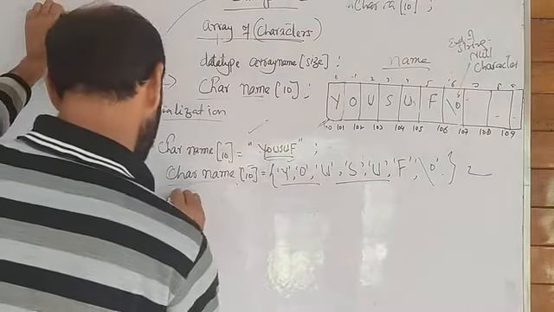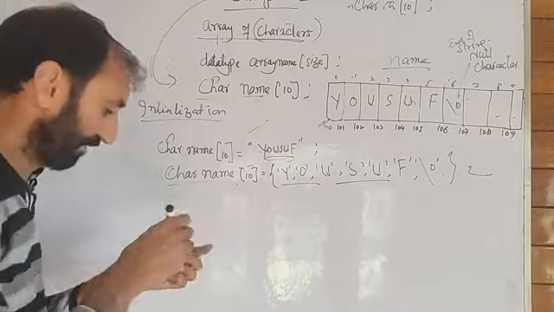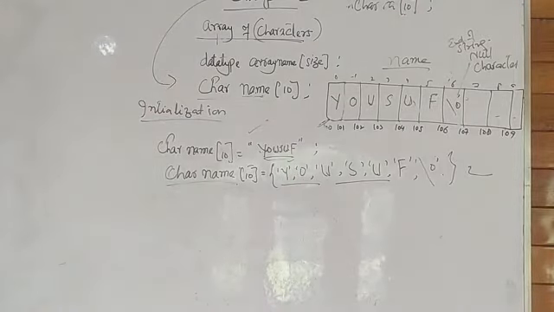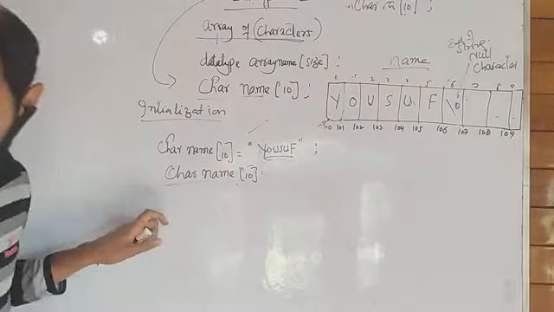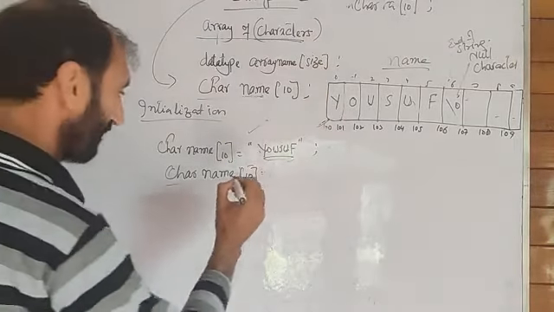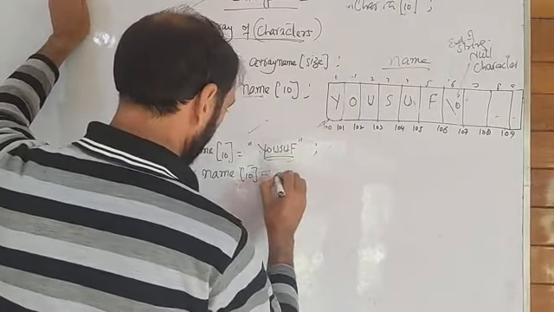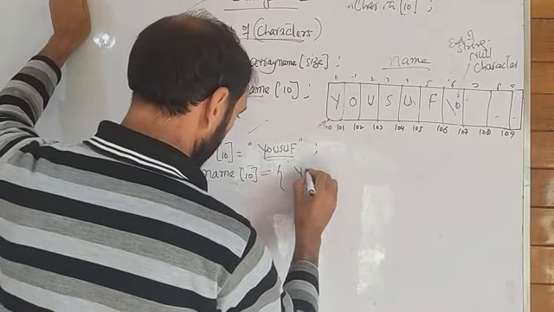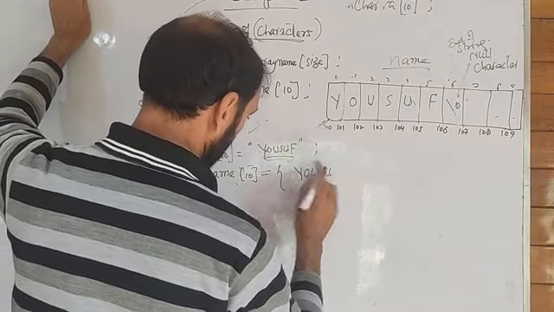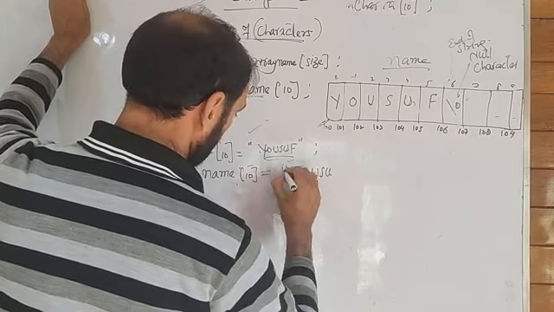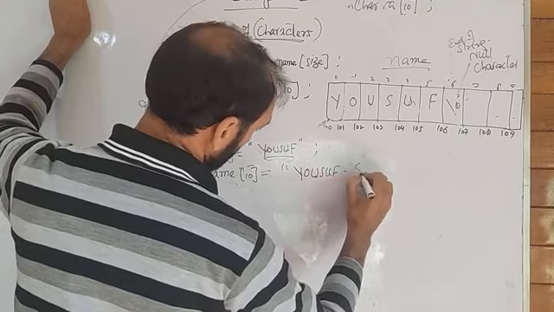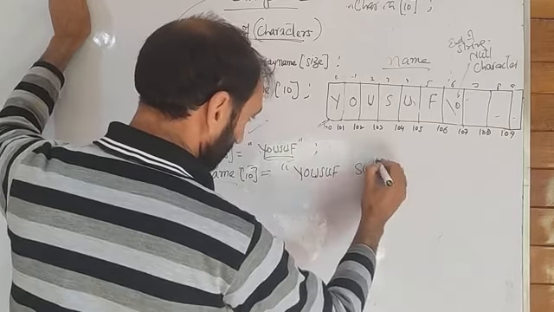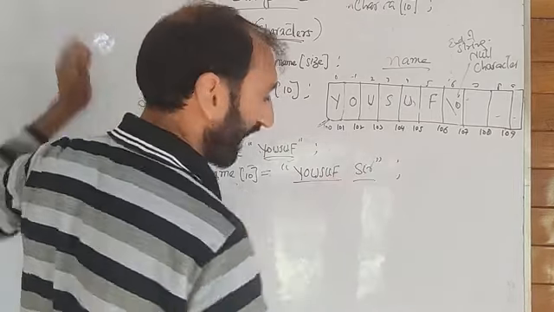Let me explain further. For example, we can take here name equal to, with the assigning operator, Yousuf, 25, space, sir. This is also fine.